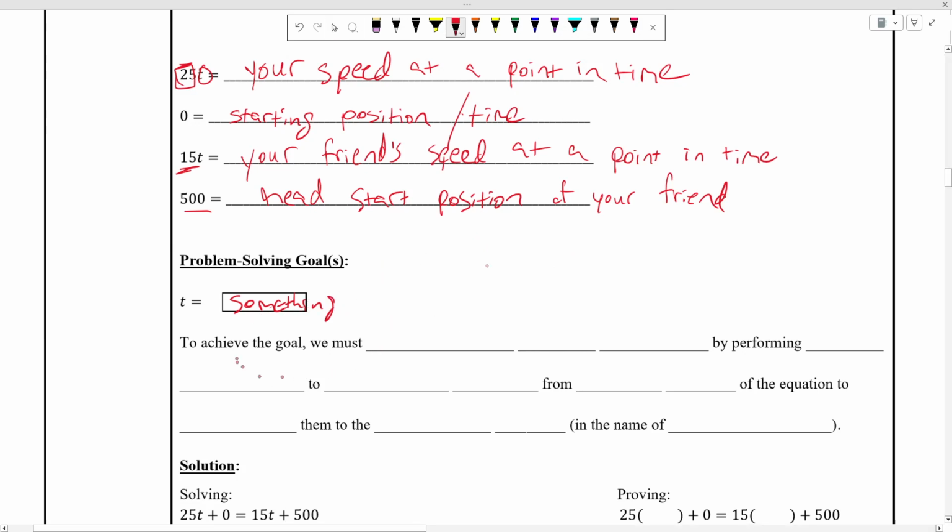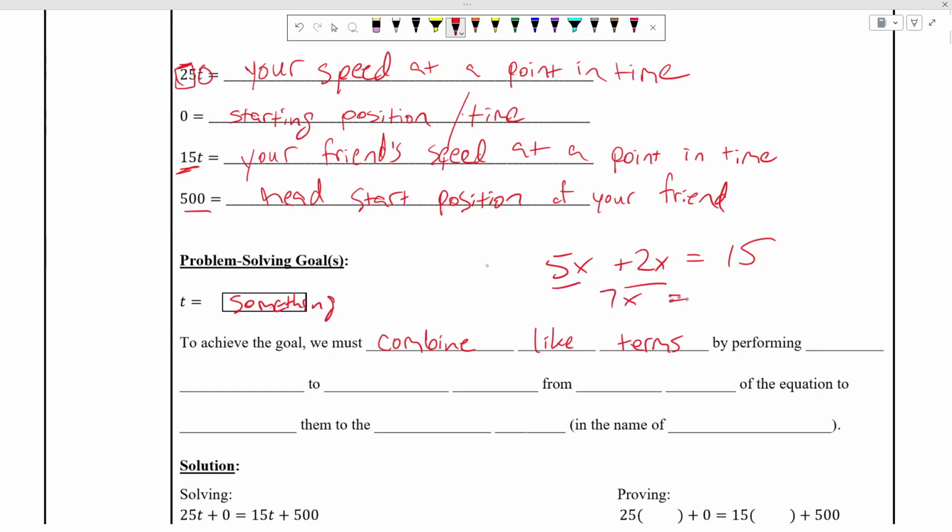So keep that in mind. To achieve this goal, we must combine like terms. Now, we've combined like terms before when we've had equations that resemble this, where we would have combined this, and this would have been 7x equals 15.